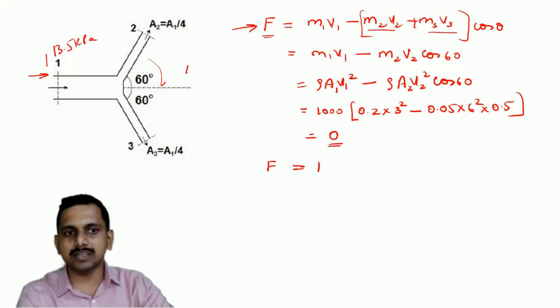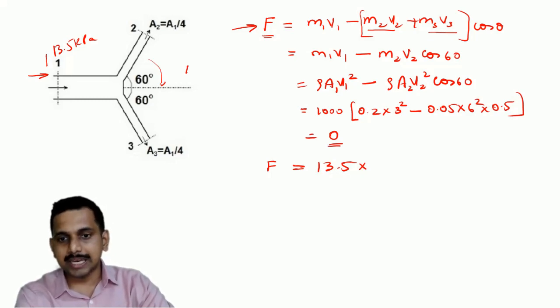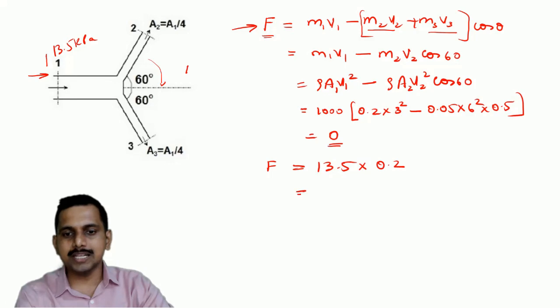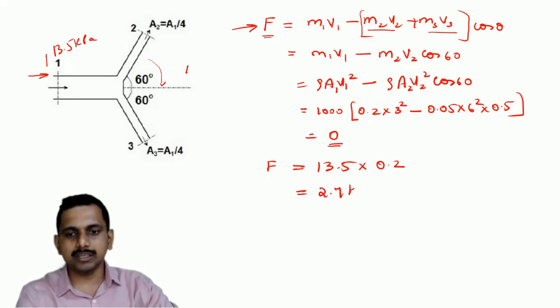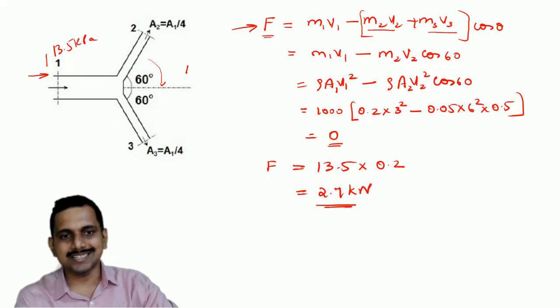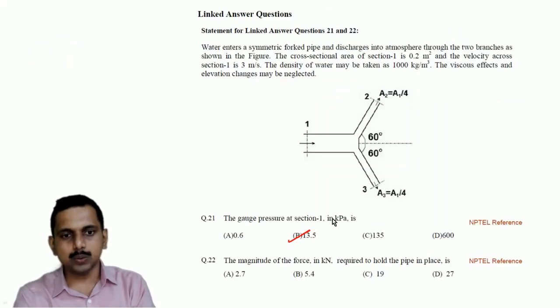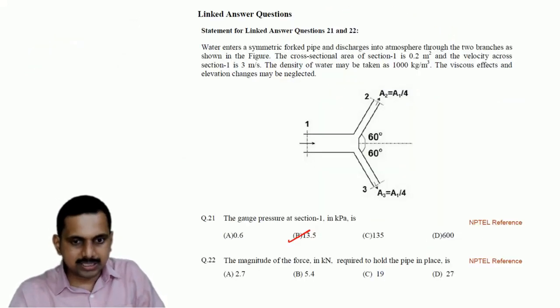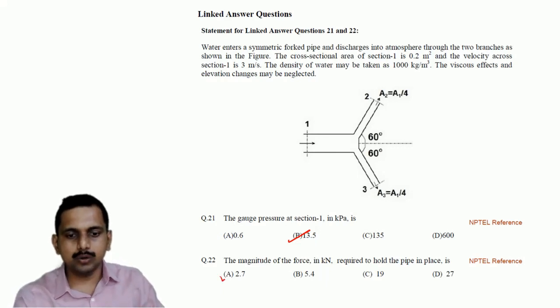So that can be written as 13.5 kilopascal into the area, which is 0.2. The answer we get here is 2.7 kilonewton, which is the answer given here.